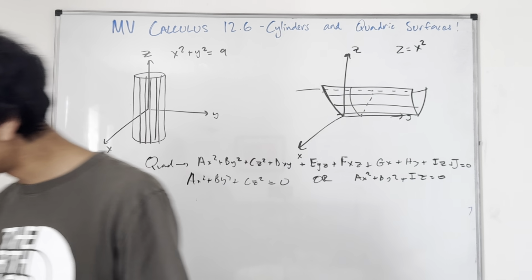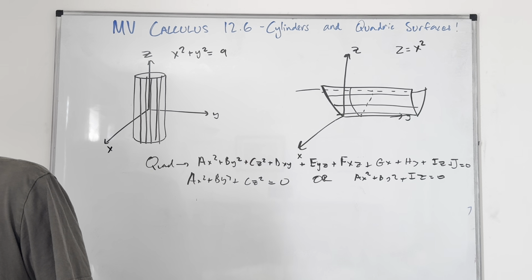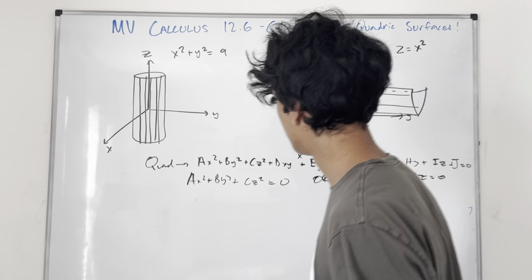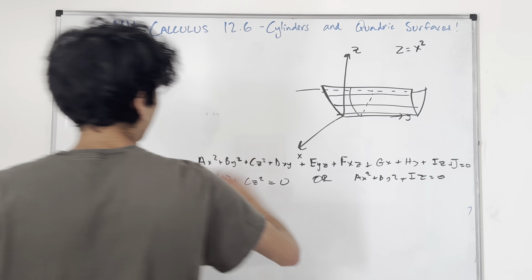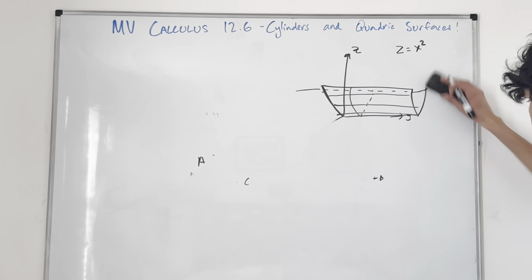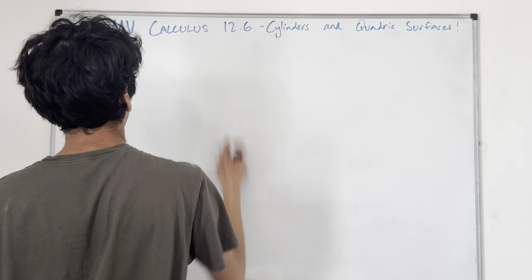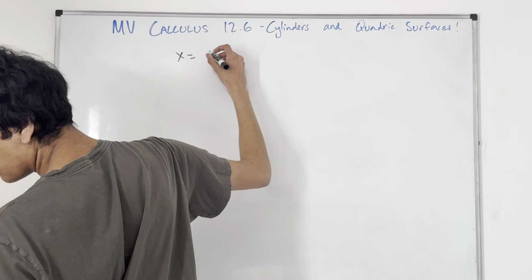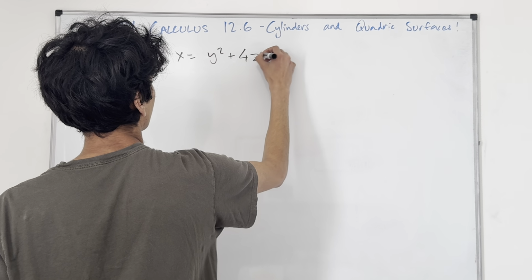So I'm going to do an example of graphing a quadric surface. Let's say we're trying to graph, let me just erase all this stuff, the graph of x equals y squared plus 4z squared.